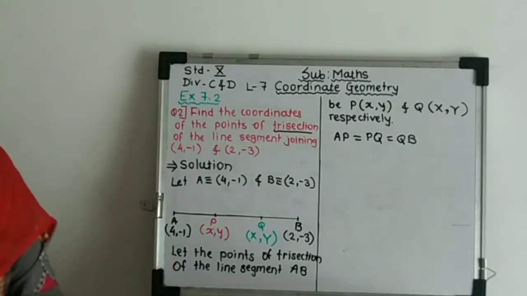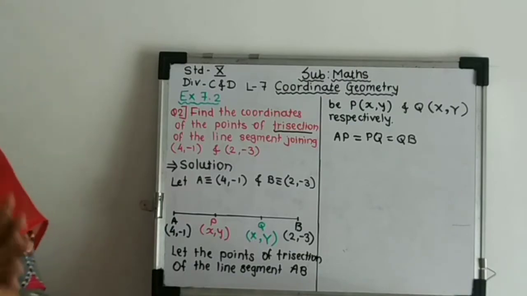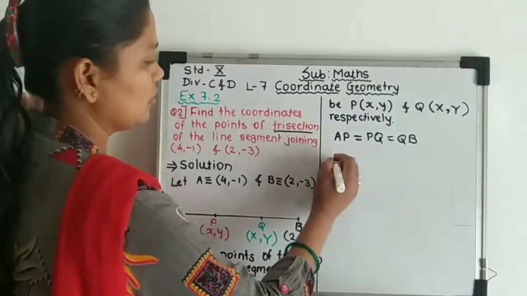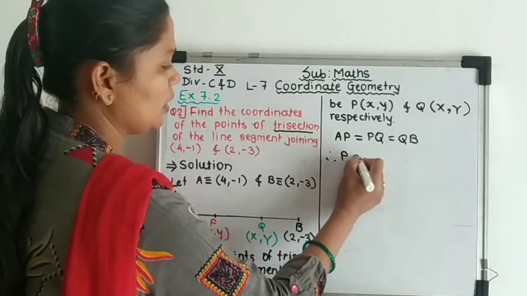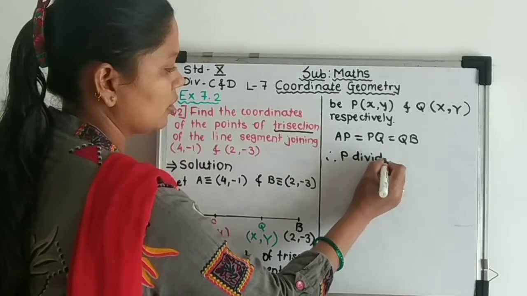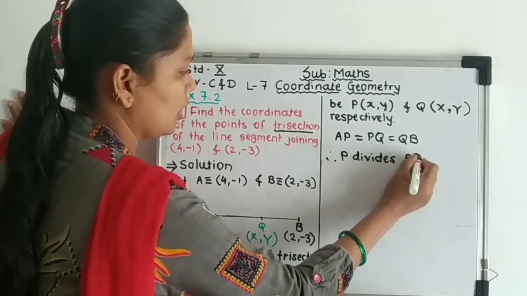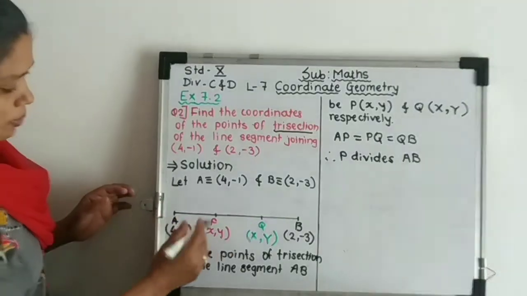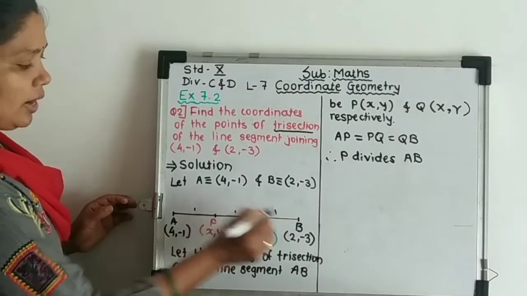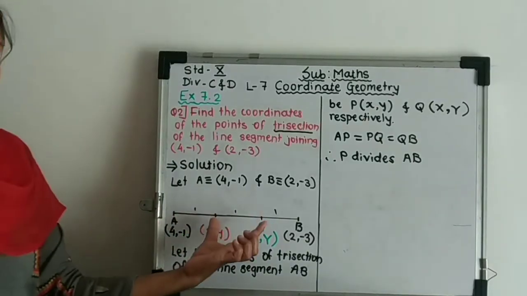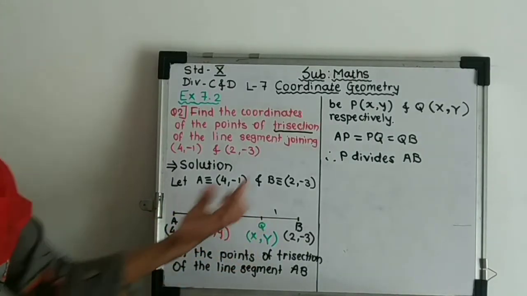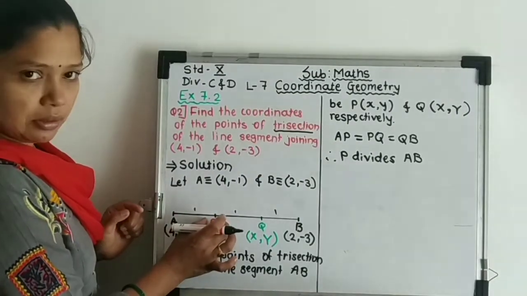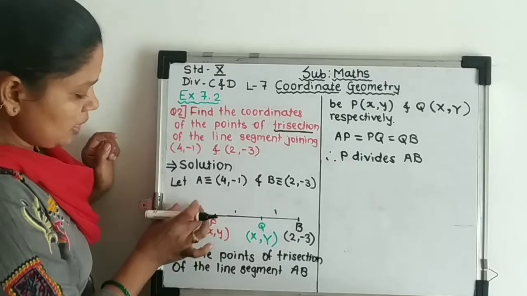So it is clear that P divides AB. Therefore, P divides AB in what ratio? Suppose all parts are 1, 1 and 1. If we are talking about only point P, AP is one part.